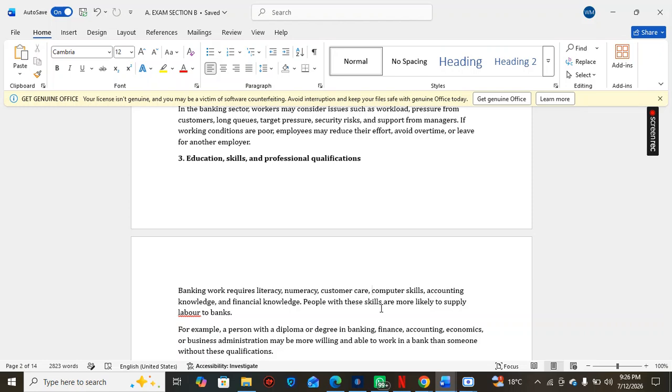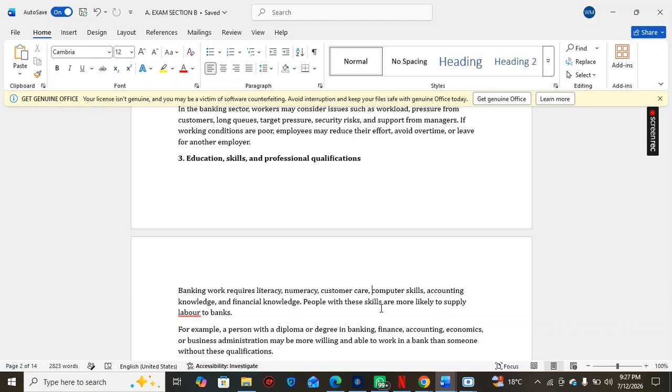The more qualifications the job requires, the lower the labor supply, because not anyone can just do that job. For example, if the job requires you to have a master's or a PhD, not a lot of people would be able to do that job. They would like to do that job, but they are not able to. So labor supply is going to be low.